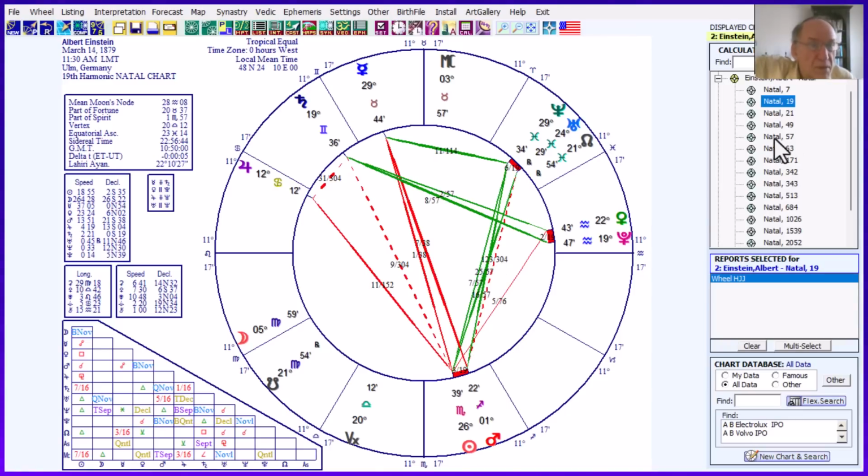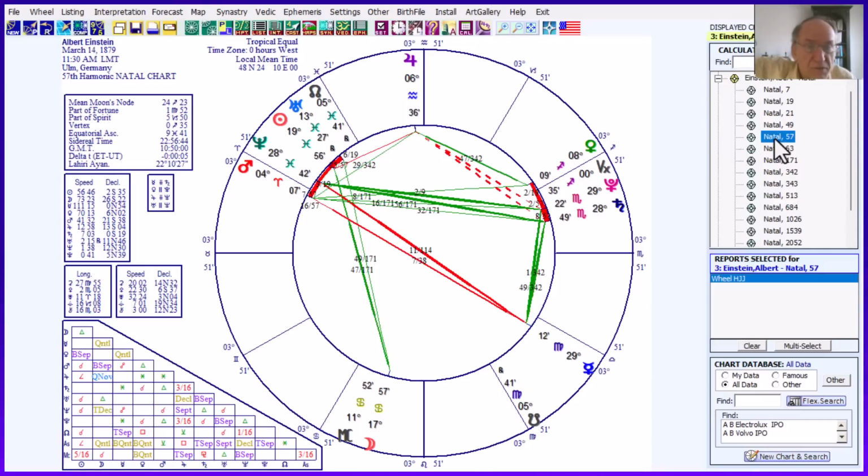When we go up to 57 vibe, Saturn and Pluto become tightly connected to Mercury, Neptune. So in practice, we do not draw on those aspect lines. I only did that for teaching purposes, to appreciate what a fractal vibration is.